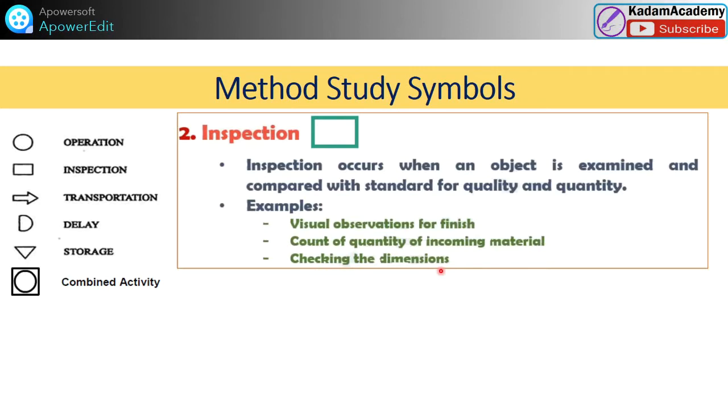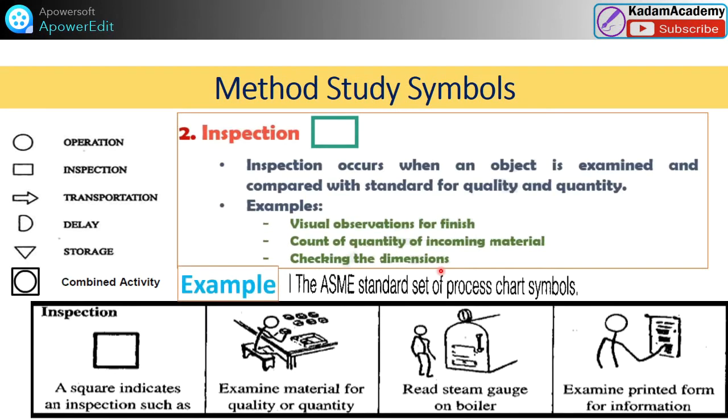Other examples are examining the material for quality and quantity, reading the steam gauge on a boiler to see the pressure, and examining a printed form or information. These also come under inspection.